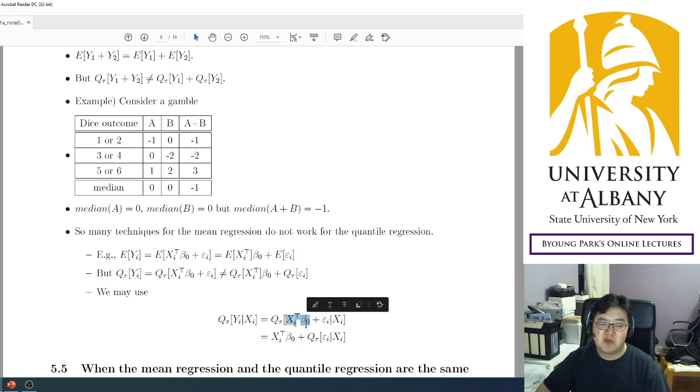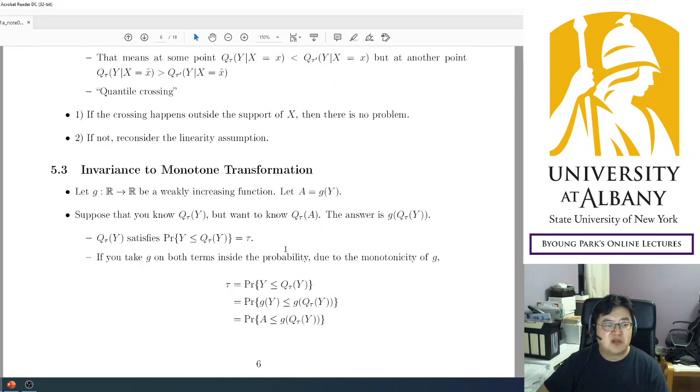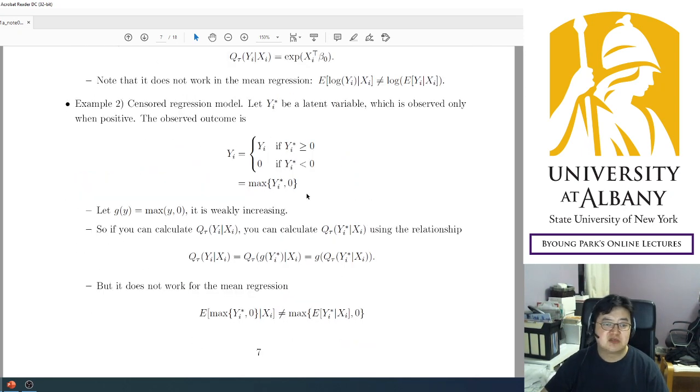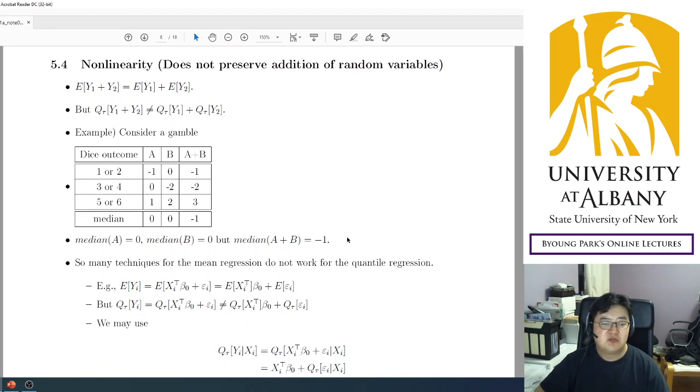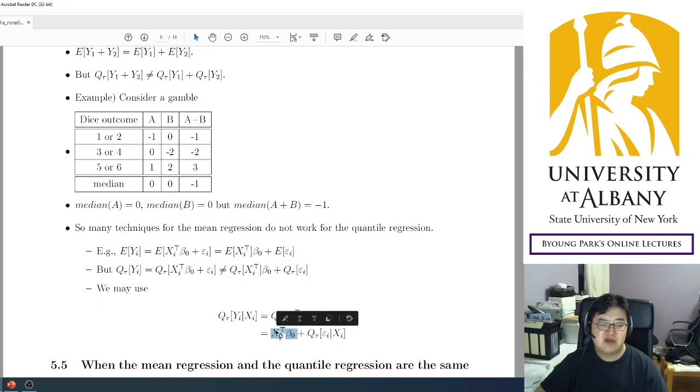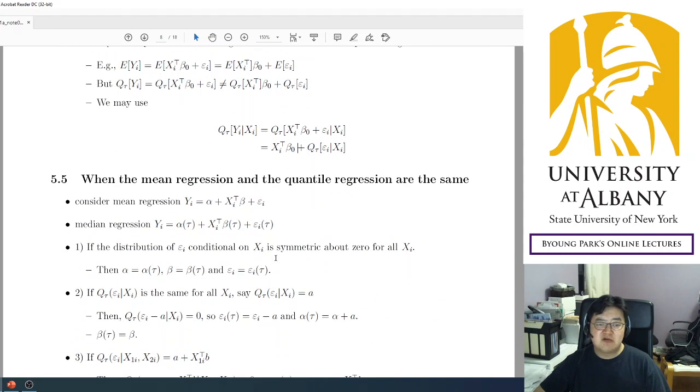It is not a random number conditional on x, so you can just put it outside of the quantile. So you are applying the monotone transformation rule, not addition of random variables. It is about addition of random variables, but in this case it is not addition anymore because it is constant.